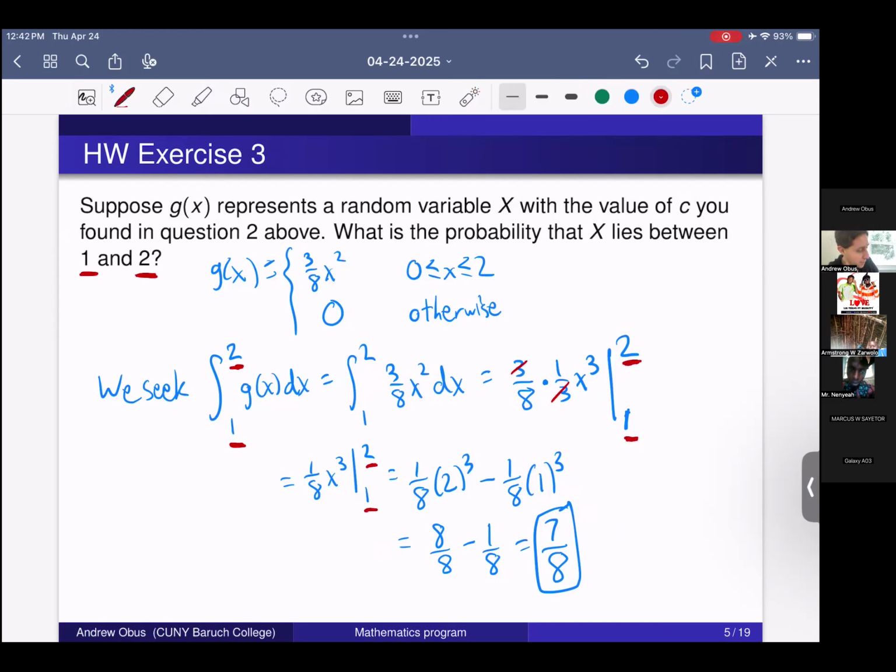What that means is that we first plug in the 2 and then we plug in the 1 and you subtract. That's what the fundamental theorem of calculus tells us. It says evaluate using 2 for x and then evaluate using 1 for x and then subtract. So that's why we have the 2 here and then the 1 over here. Oh, okay, it's understood. Thank you. Okay, great. Other questions?